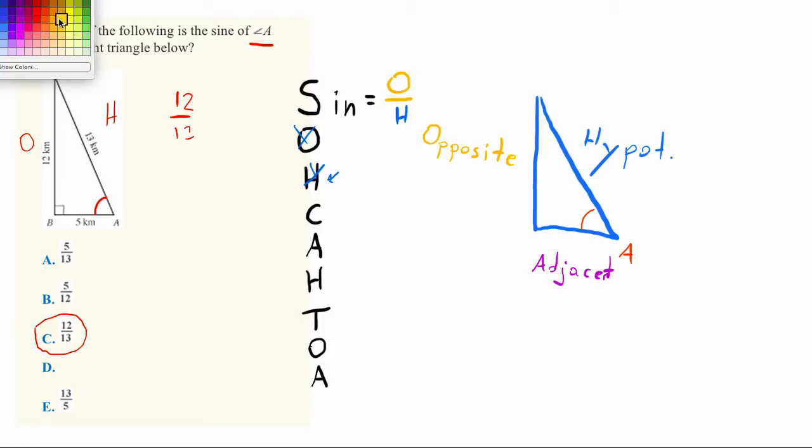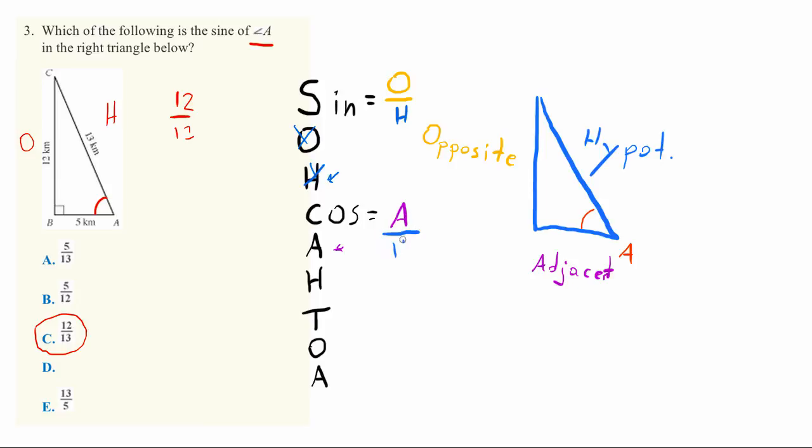The C stands for cosine. So let me write that out. C is for cosine. And that is equal to, well, you can probably see the pattern now. That's equal to the adjacent A, that's this next letter down here, divided by the hypotenuse H. And then the final identity that we need to remember is the tangent.